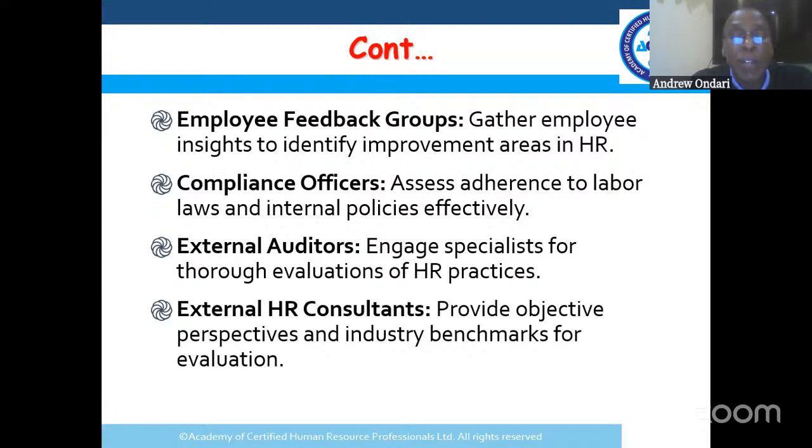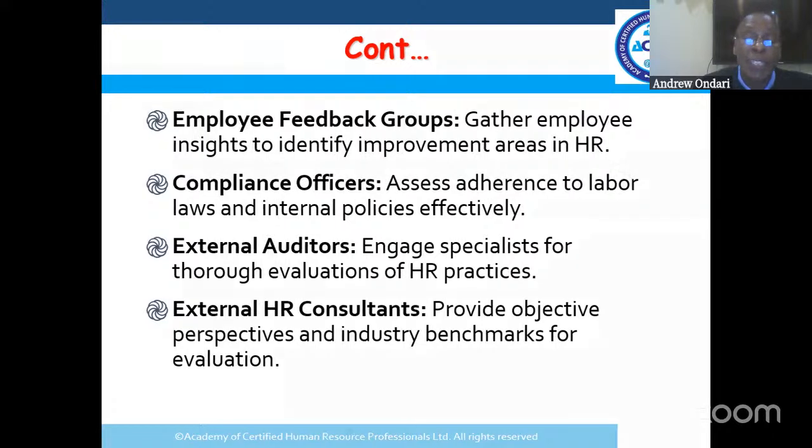So if you have some resources that you can spare as an organization, you can engage an external consultant to give you insights on the various HR functions with respect to processes, procedures, and systems. And they can help to make recommendations on the way forward.